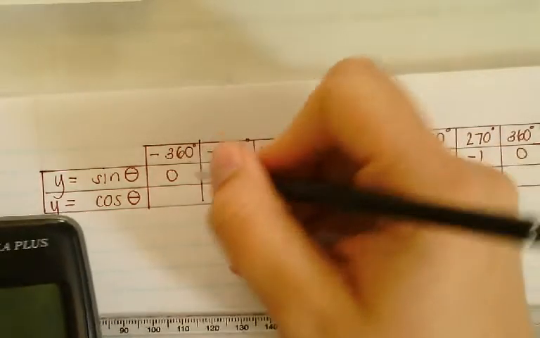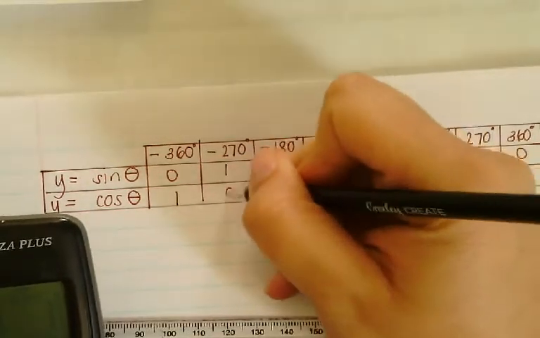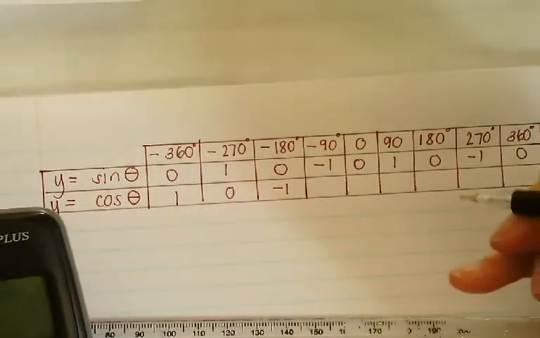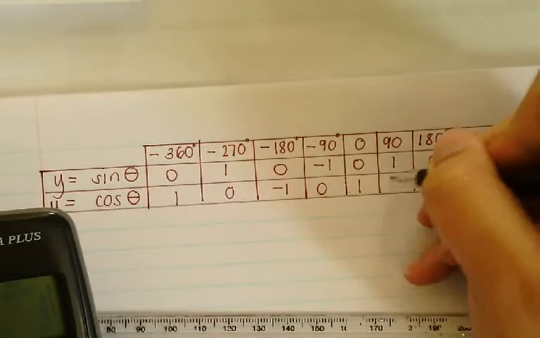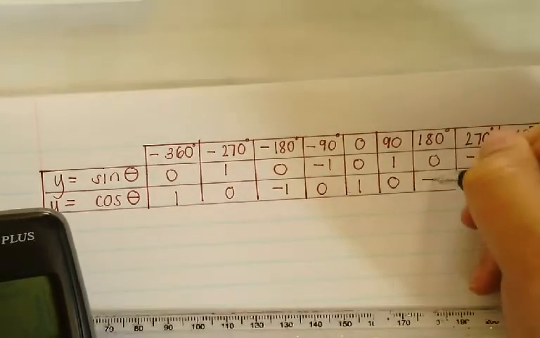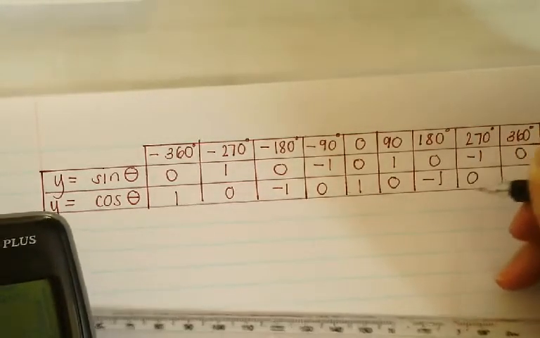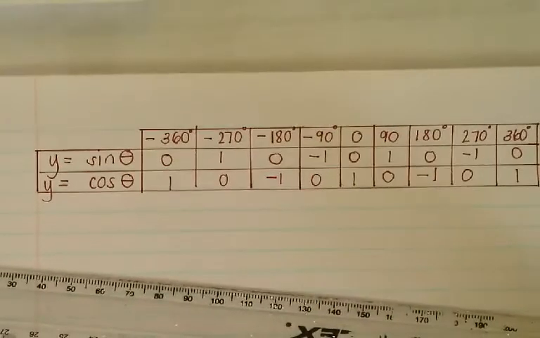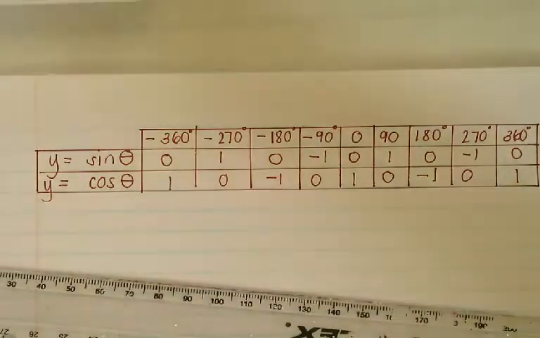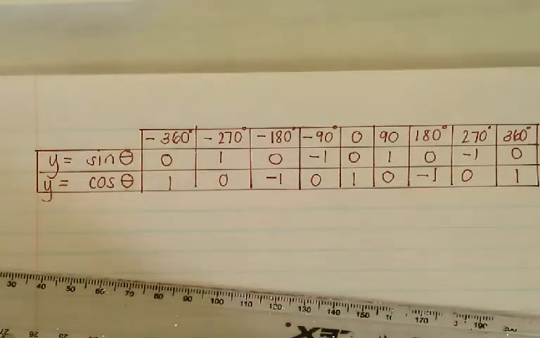Okay, so it will be 1, 0, negative 1, 0, 1, 0, negative 1, 0, and 1. So there's nothing wrong with doing it the way I did it with sine, where you physically go sine negative 360, sine negative 270, sine 180. Or if you have a Casio, you can do the following.